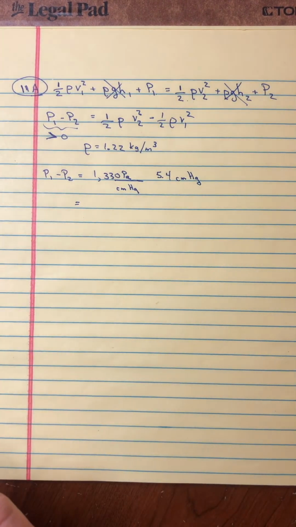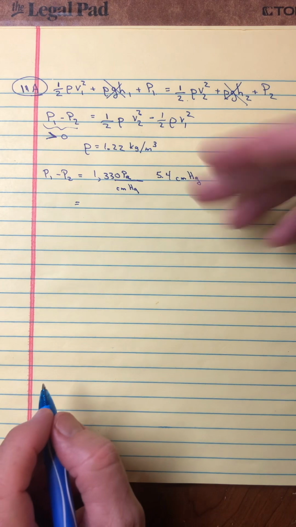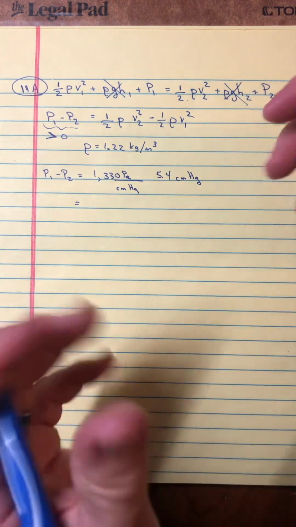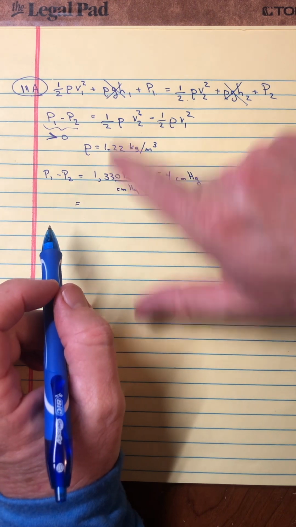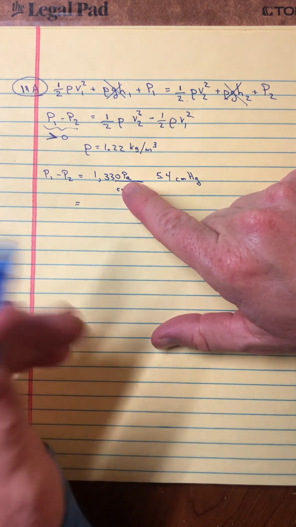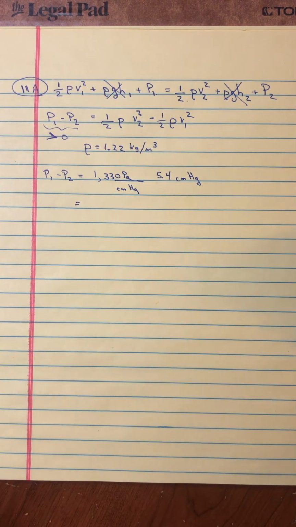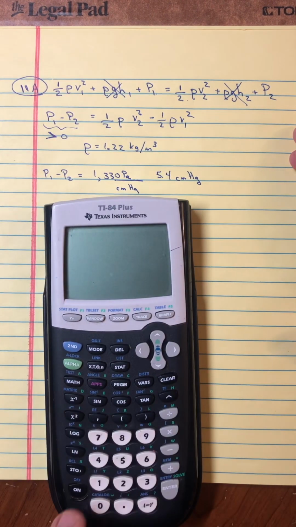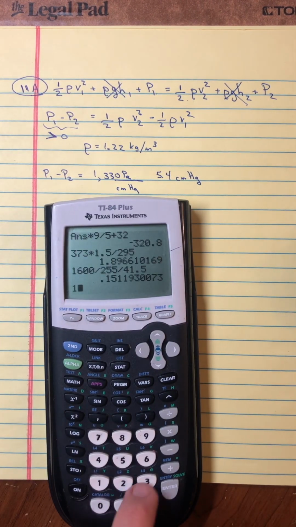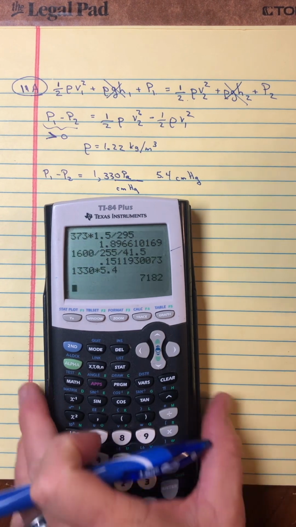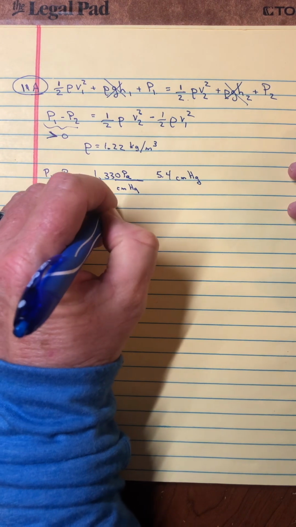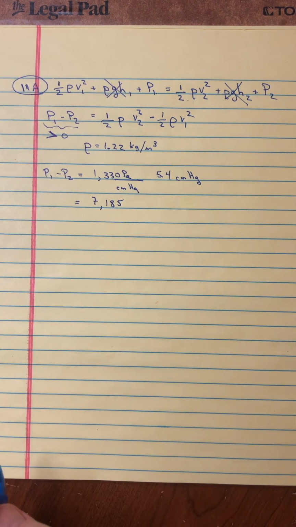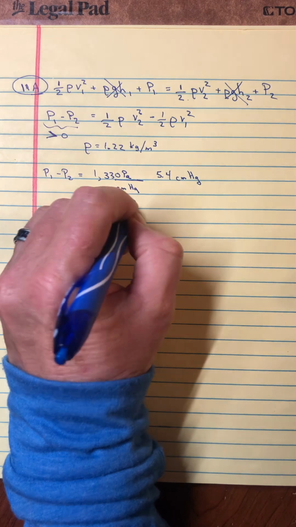And then this would convert the units that are used a lot in biology into ones that have to do with energy, because a Pascal is a Newton per square meter, and so joules. So let's see, this would be 1,330 times 5.4. So this would be 7,182 pascals.